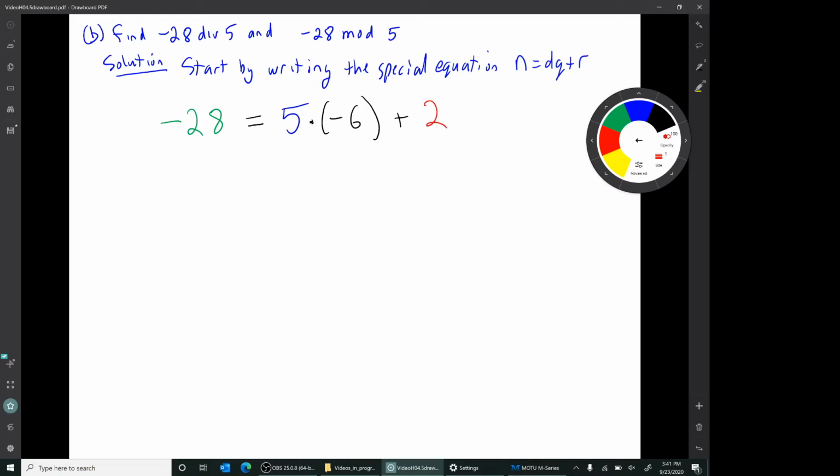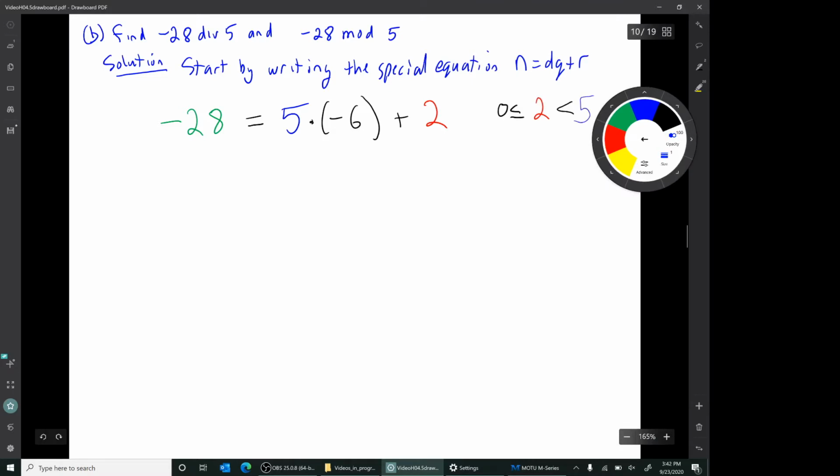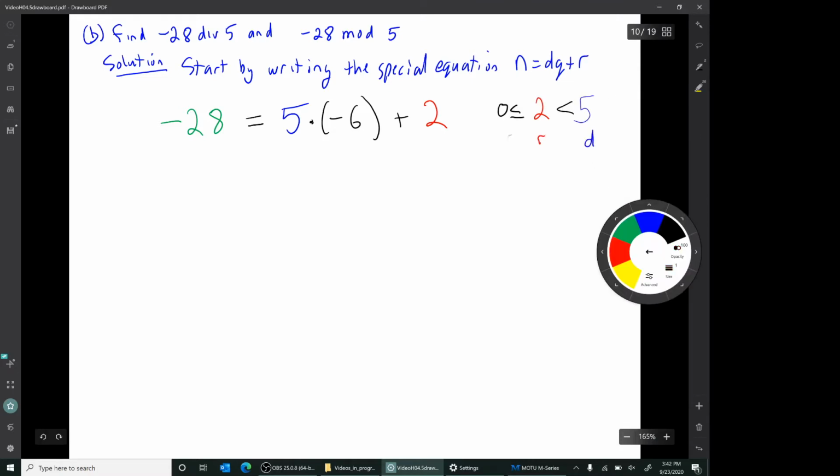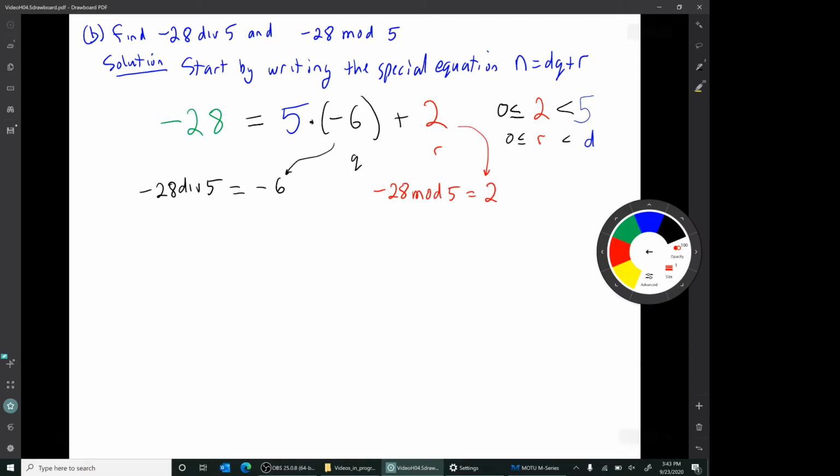We see that's our special equation that satisfies this inequality. So we have to simply identify our q and our r. And that's the end of that question B.